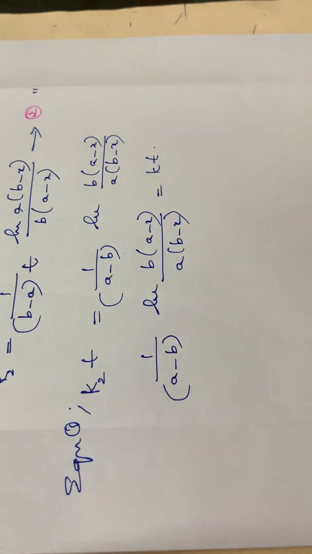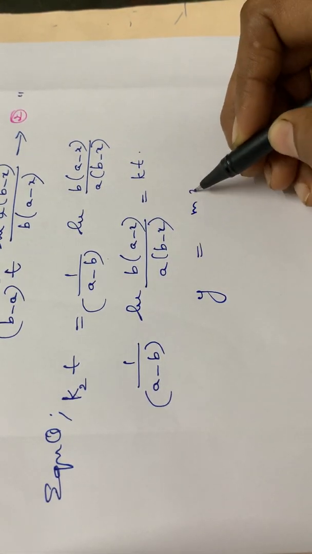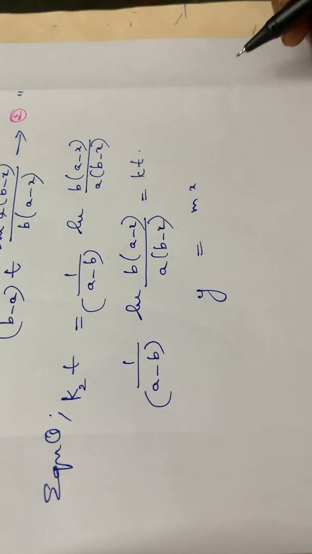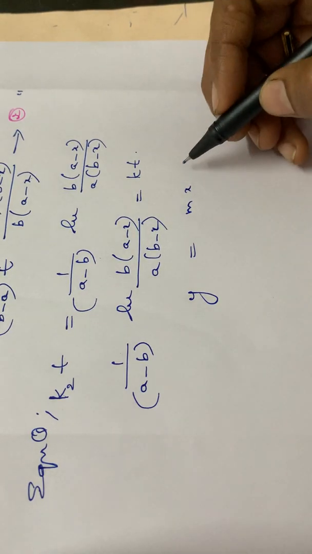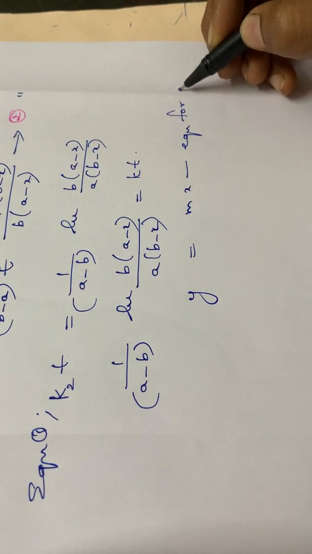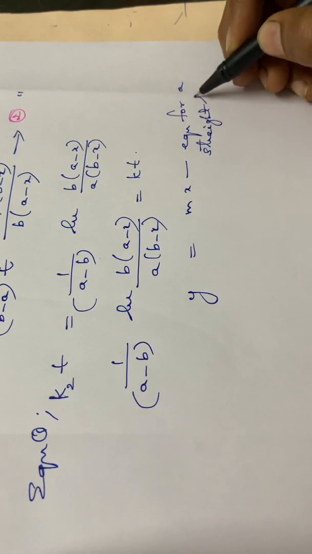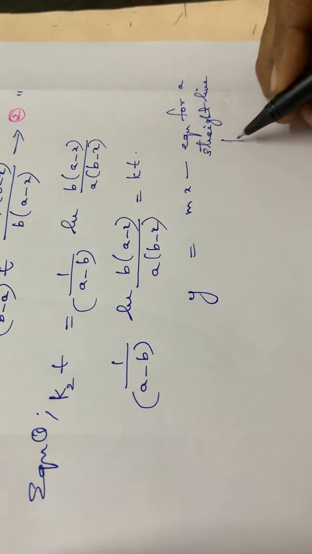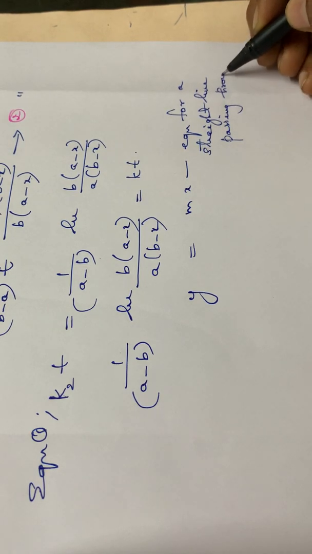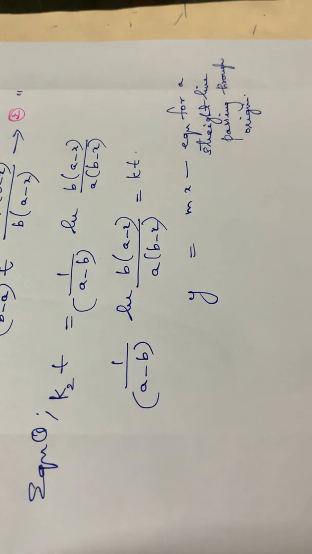So this equation is almost similar to y is equal to mx, isn't it? What is y is equal to mx? It is an equation for a straight line passing through the origin, isn't it?